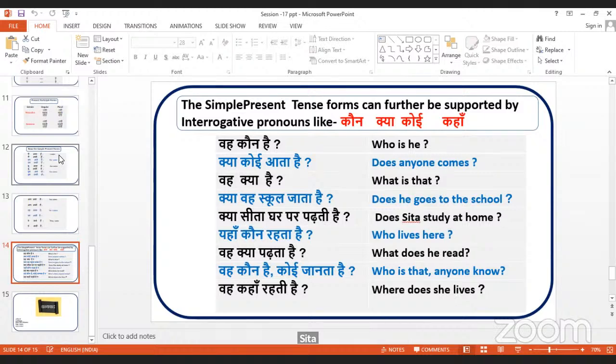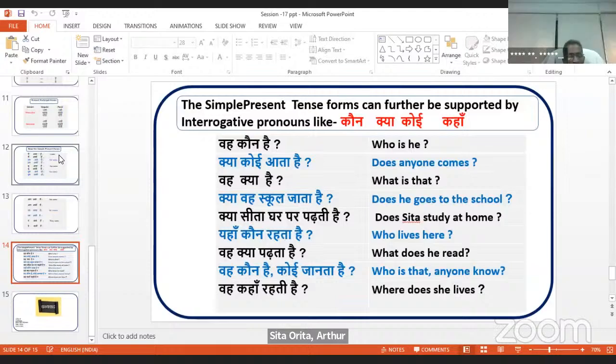Just think about the formation. ता है, ती है, ते हैं, ती हैं. Masculine, feminine, then singular, plural. Those four forms you have to think about.